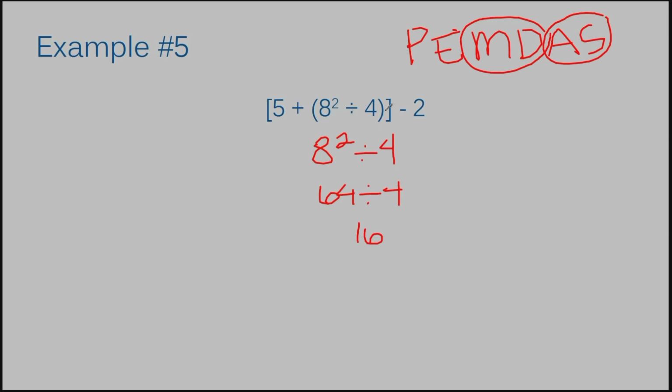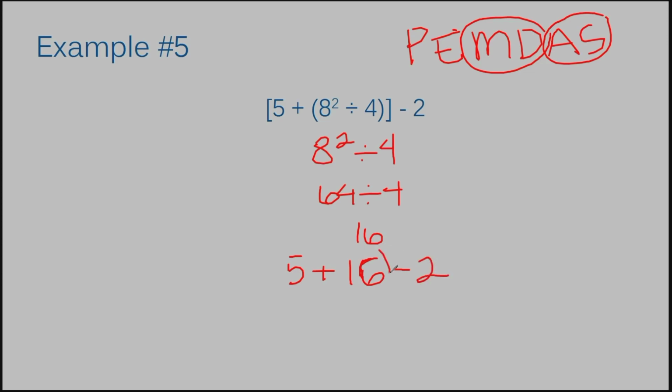This 16 only goes inside these interior parentheses. That's the only thing that this 16 substitutes. So we're going to rewrite the whole problem with just that. And it's going to look like this. 5 plus 16 minus 2.